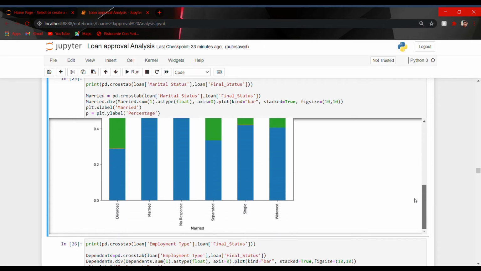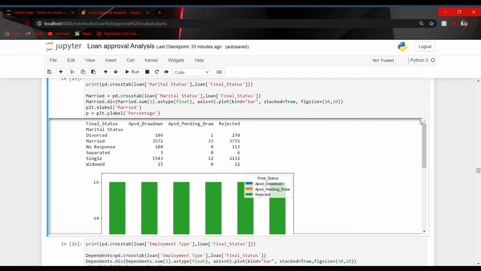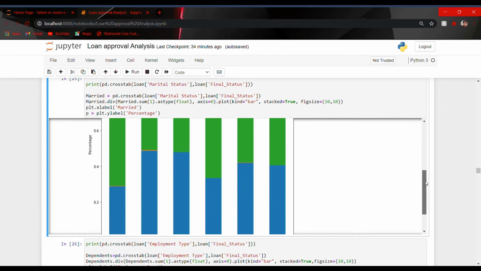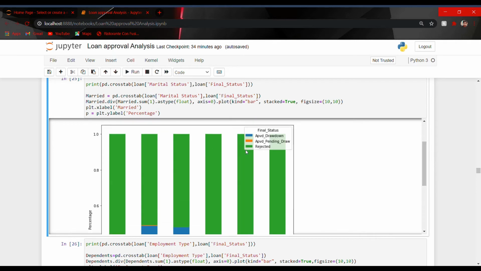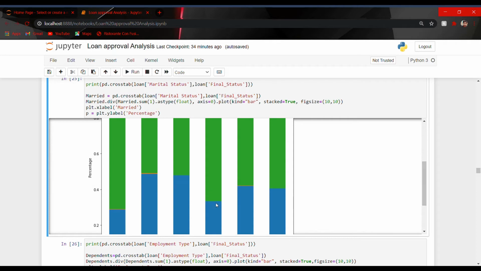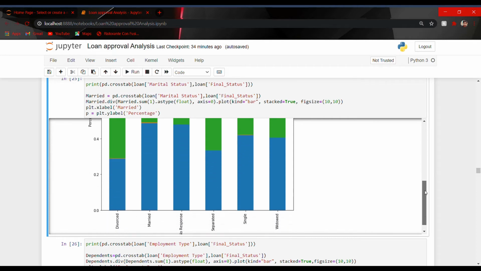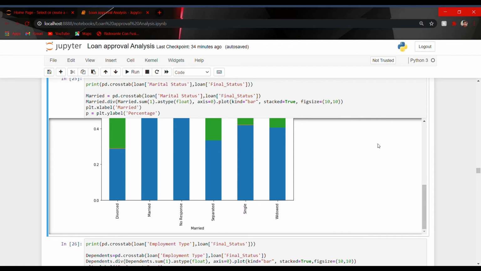Here we can see that the people whose approvals are withdrawn are the majority from marital status, and so on for the others, and this green represents rejection. Here we can see that the majority of rejections happen for the people who are separated from their partners.